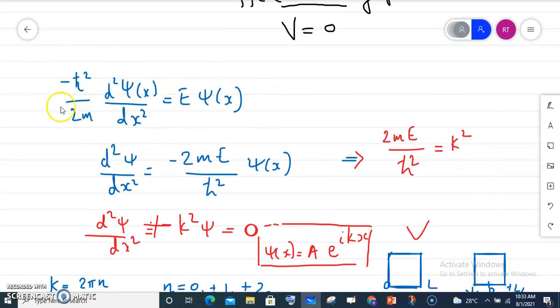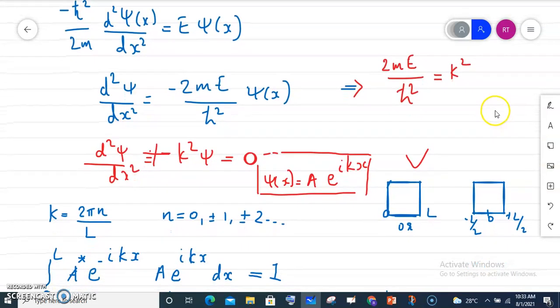Yes, this is our Schrodinger equation, and the wave function we have chosen is either A e raised to ikx or e raised to minus ikx, or it could be the combination of both. Now in the box normalization, we are going to take a box of length L and say that the free particle is in this box.